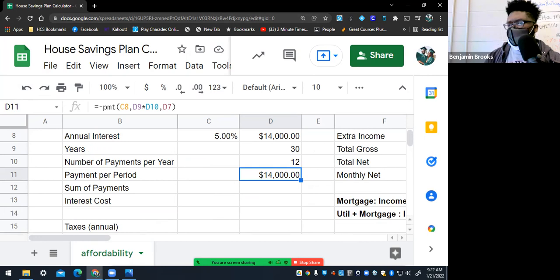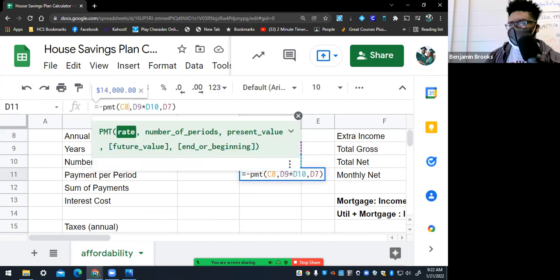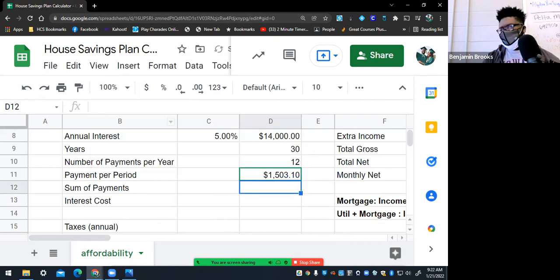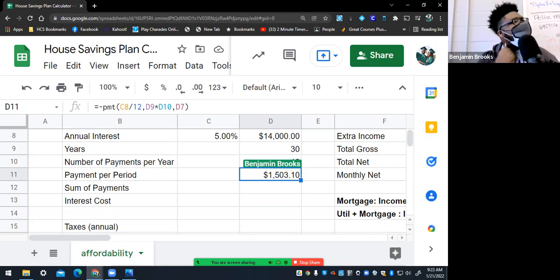Everything's too high. Oh. Notice this is annual interest. We need monthly interest. So take that C8, we're going to divide that by 12. There we go. So C8 divided by 12 because we need it to be monthly, not annually.